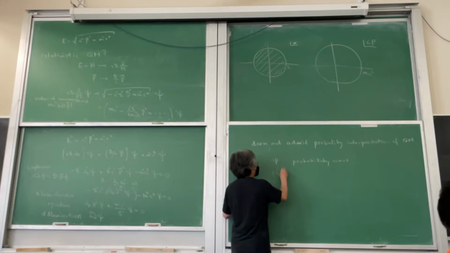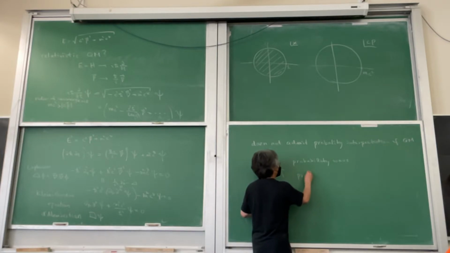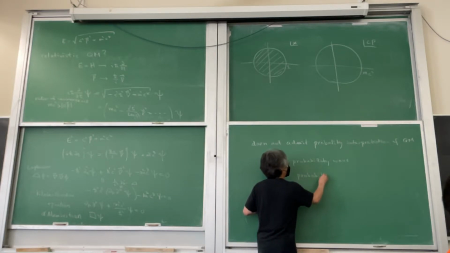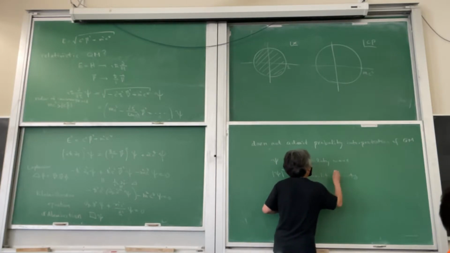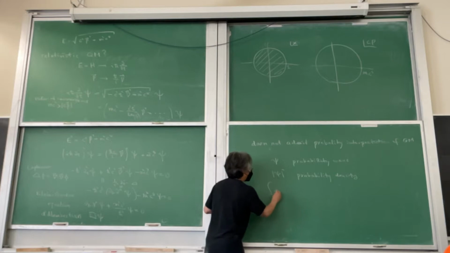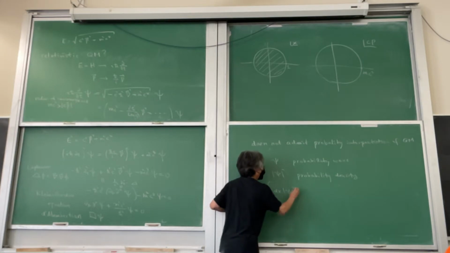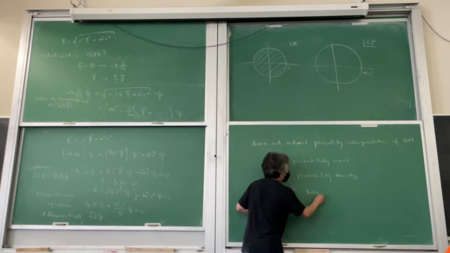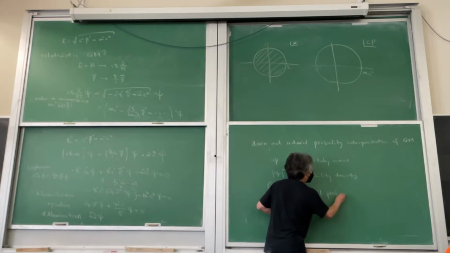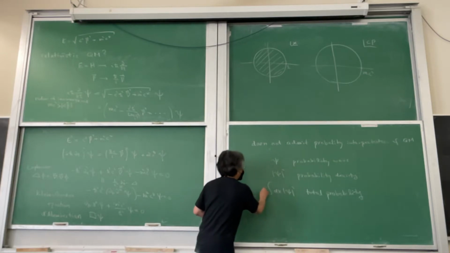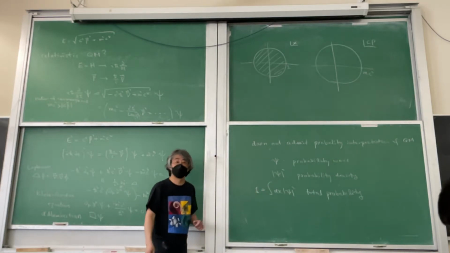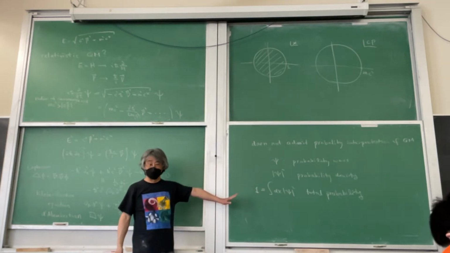Its absolute square is supposed to be the probability density, and this is the total probability. That's why we normalize it to 1. So that's what we do in quantum mechanics.